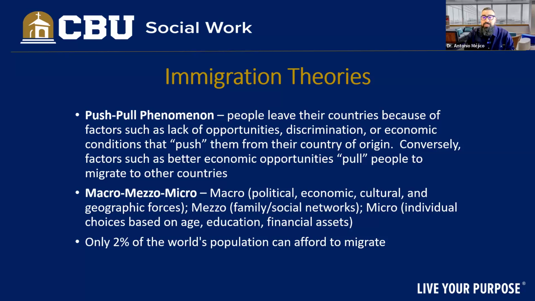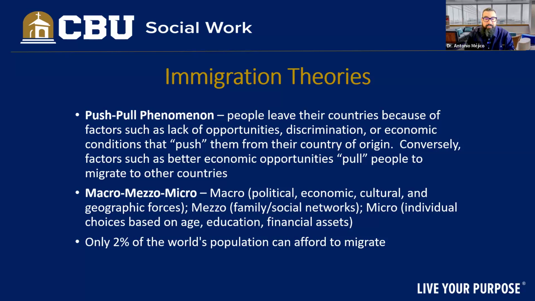So individuals can choose to leave their countries because of factors such as a lack of opportunities, discrimination against a particular group, maybe by ethnicity, race, religion, whatever the case is, or economic conditions that push them from their country of origin.